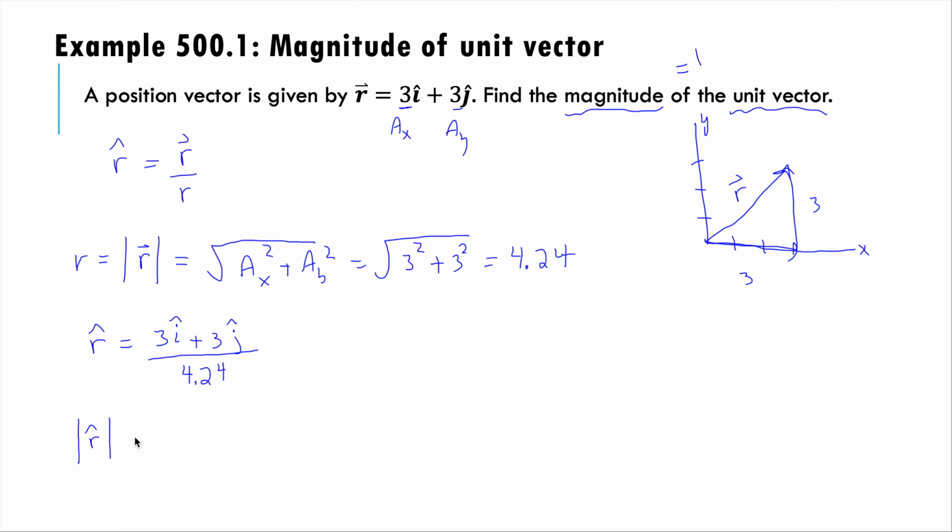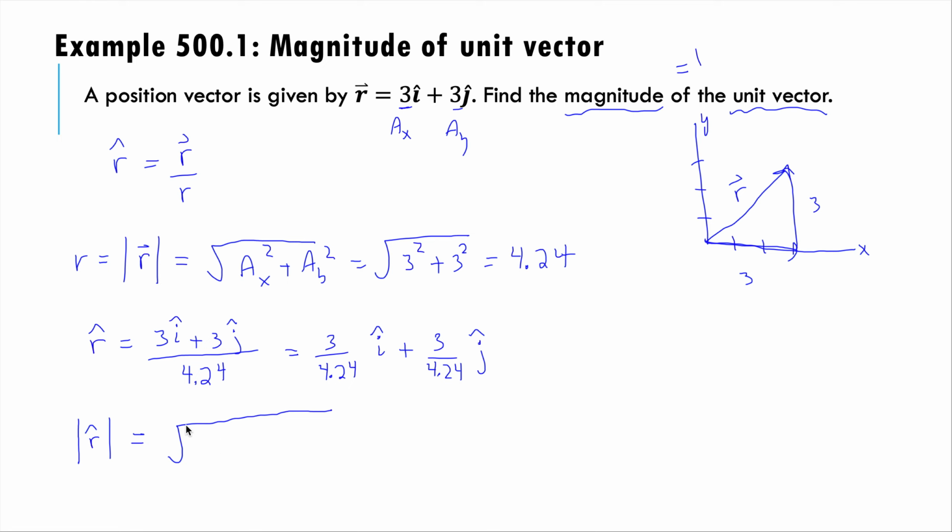Well, to find the magnitude, we know that we have to use the Pythagorean theorem. The x component, let me go ahead and rewrite it. Right, the x component is 3 over 4.24, and all of that is in the x direction, and then 3 over 4.24 in the y direction, so j hats.